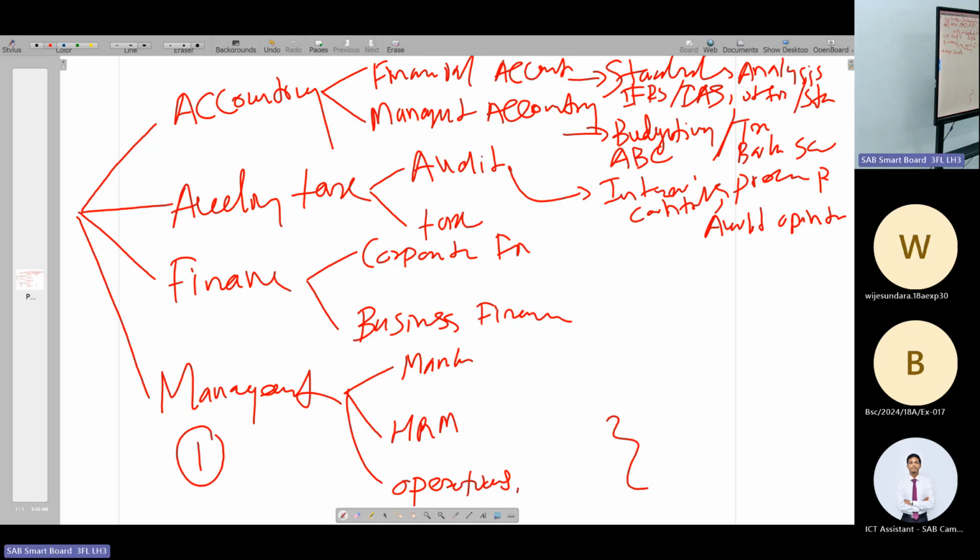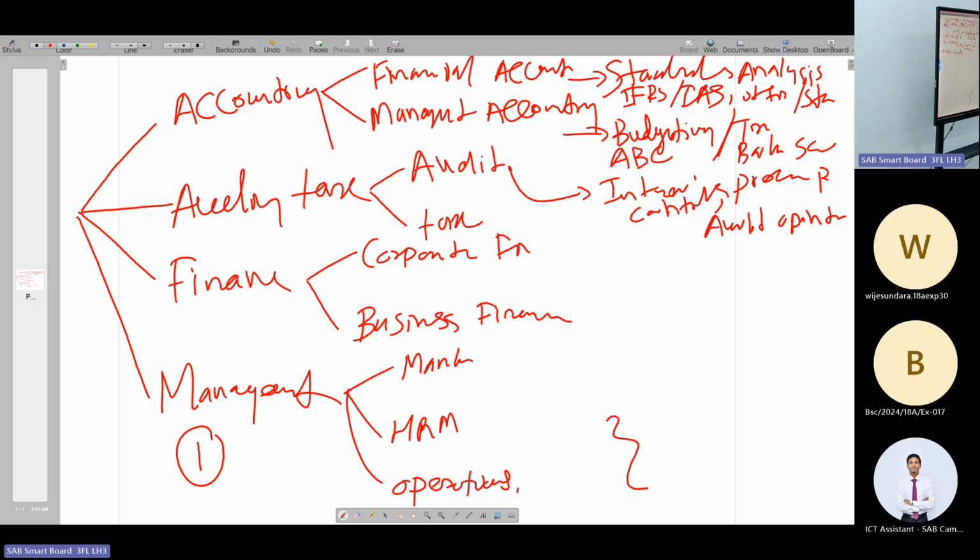Capital structure decisions. The evaluation of bonds, financial markets. Those are the sub areas coming under business finance. In corporate finance, mainly we are discussing dividend policies, working capital management, and capital structure decisions.